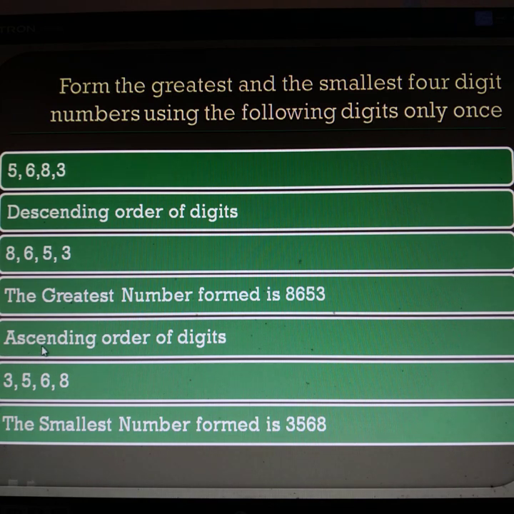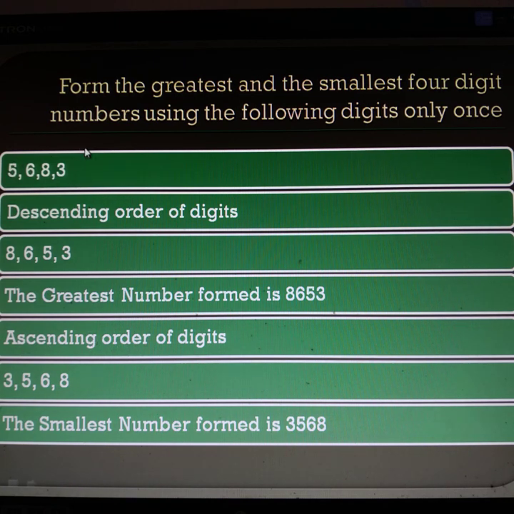Now we have to form the smallest 4-digit number using these digits, and every digit should be used only once. The digits given are 5, 6, 8, 3. So to form the smallest number, we have to arrange the digits in ascending order.